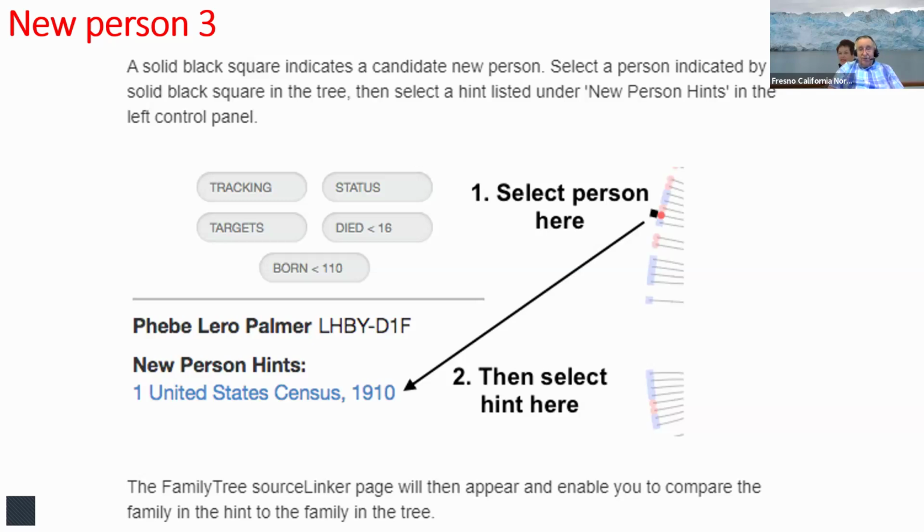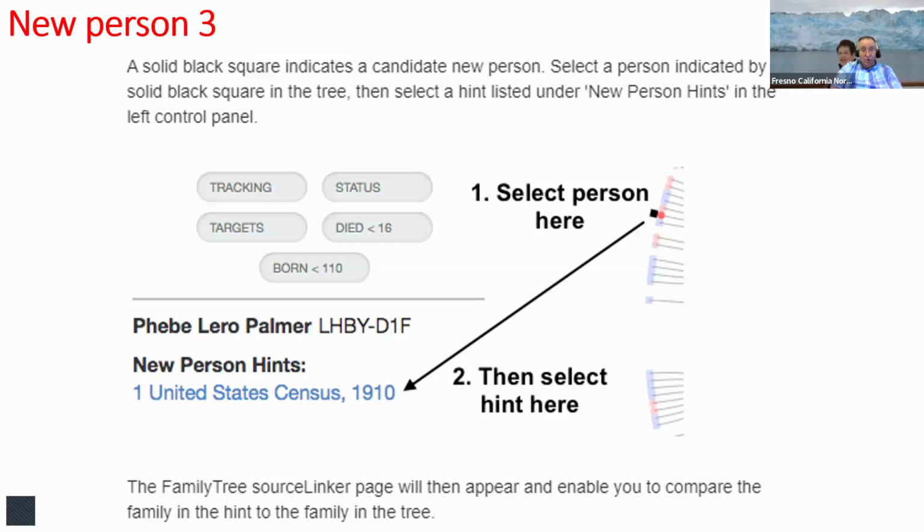In this case, it'll show little black boxes where there's a person to be added. And so in this particular case, you'll see a little black box there, and it says that that person, the red dot, is Phoebe Lero Palmer, and there's a hint for the 1910 census, which will add a person to her family, supposedly.